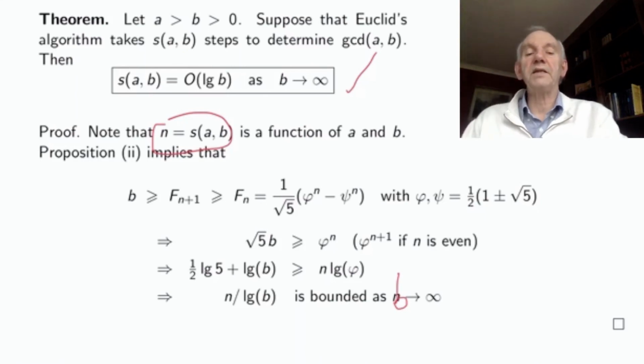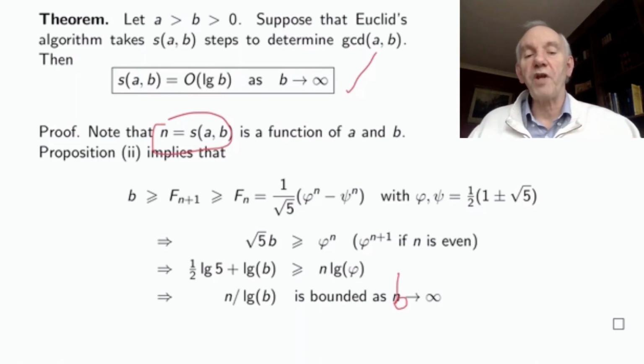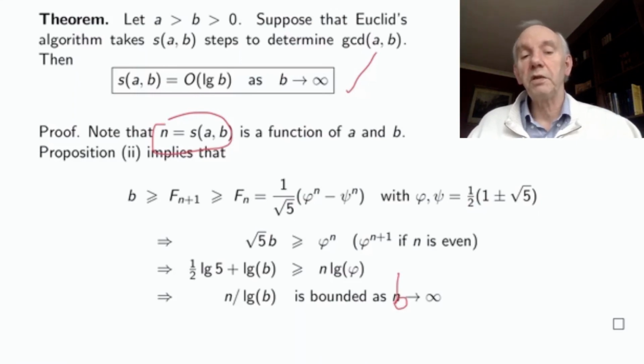Okay, and what that is telling us is that Euclid's algorithm really works. The number of steps is going to relate closely to the time it takes the computer to execute Euclid's algorithm. So really what we're saying is that Euclid's algorithm will execute in log time. That makes it very efficient.